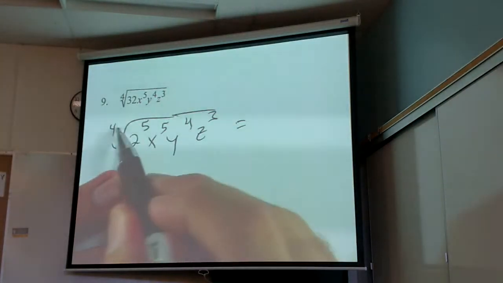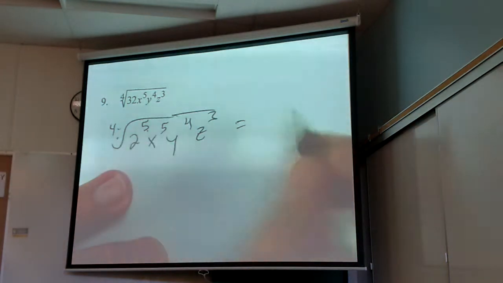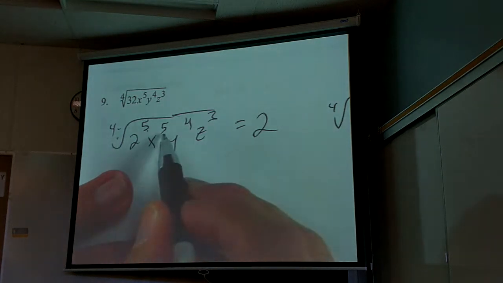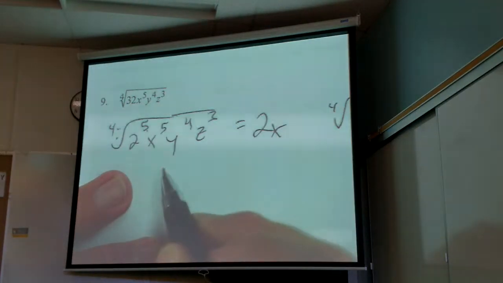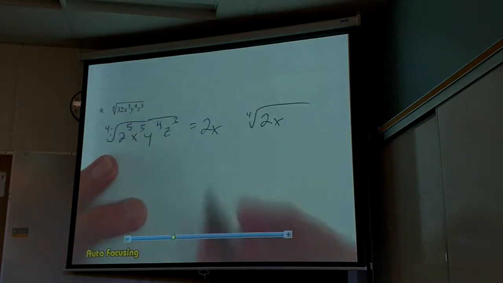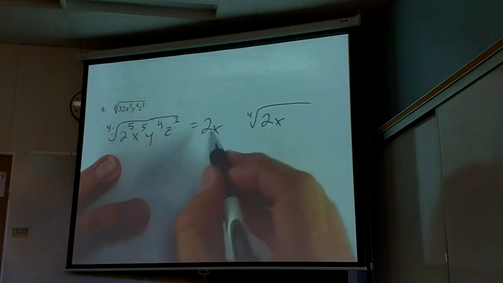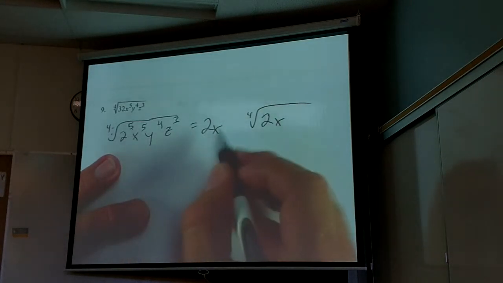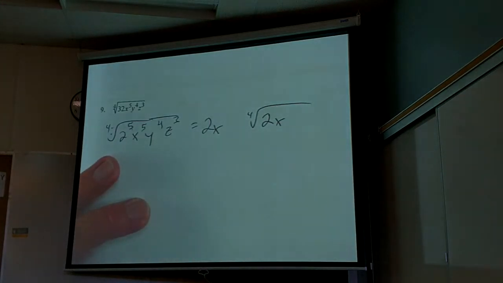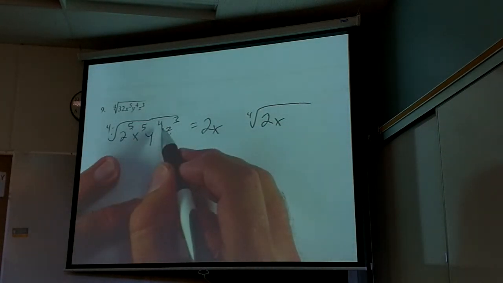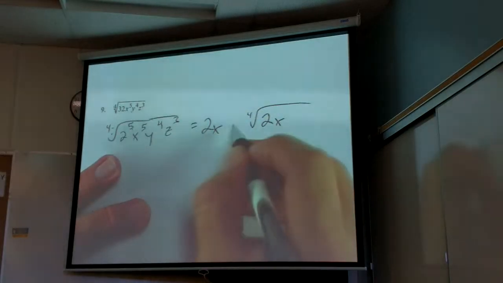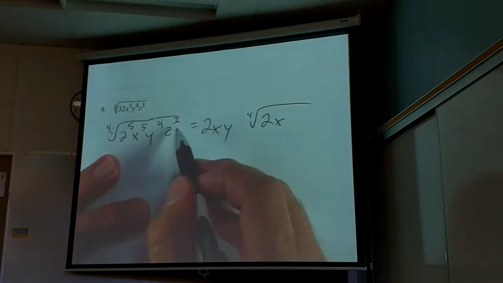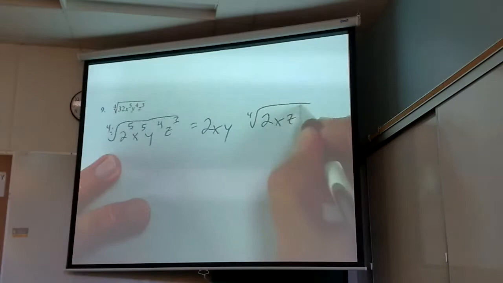So how does the shortcut work? 4 goes into 5 once, so there's a 2 out here with 1 two left in. 4 goes into 5 once, so there's 1 x with 1 left over. 4 goes into 4 once with none left over. 4 goes into 3? Nope. So all of those get left over.